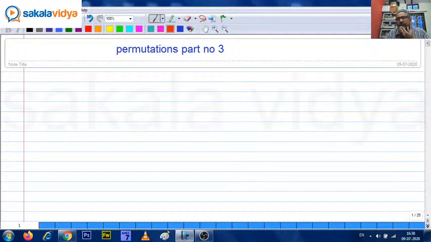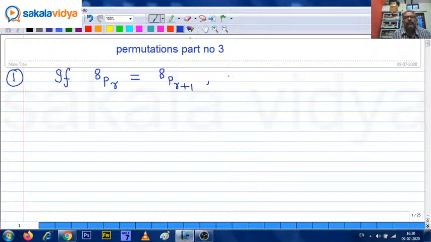Okay, let us start the problems now. First problem of the day on permutations. If 8PR equals 8P(R+1), then the value of R is.